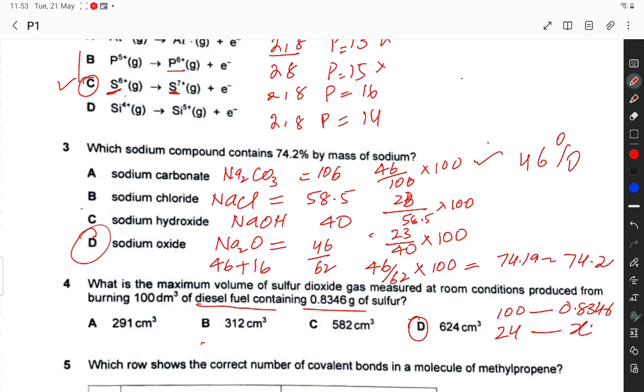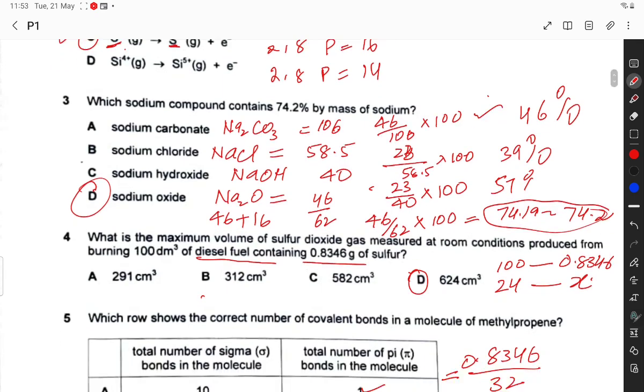This is 23 divided by 58.5, 39%, and this is 23 divided by 40 is equal to 0.57%. So this is the best option. So D is the best option.